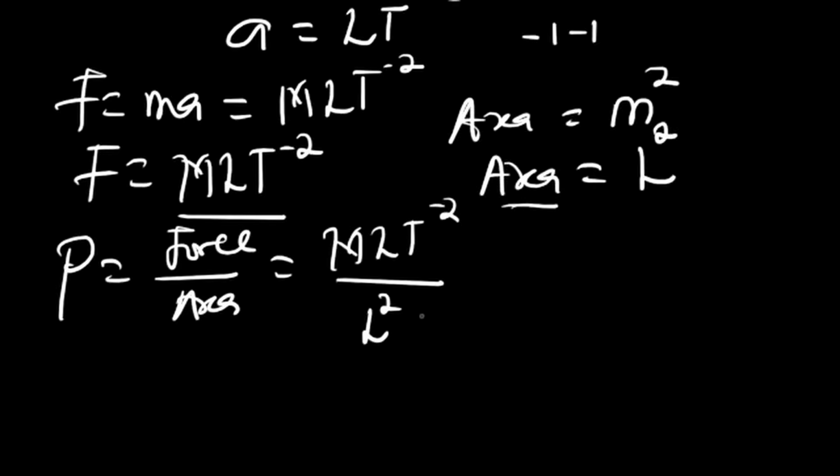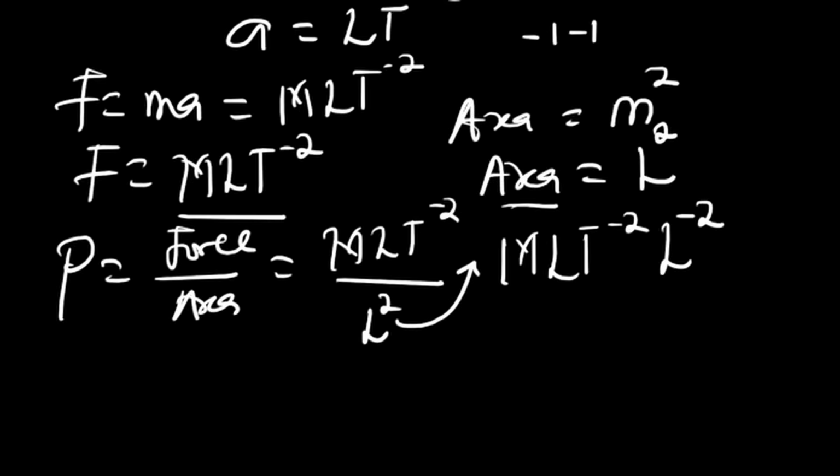Now, we also apply the same concept by taking the L squared away from the denominator. And when we take that away, remember that this power here is positive, and when it goes upwards, it becomes a negative. Hence, we now have MLT minus 2, and then L minus 2.